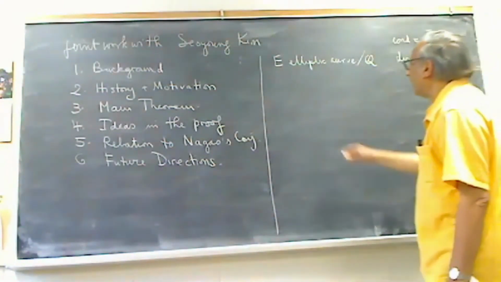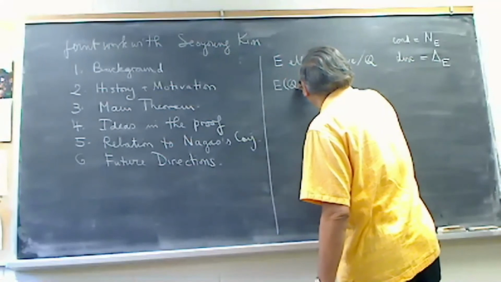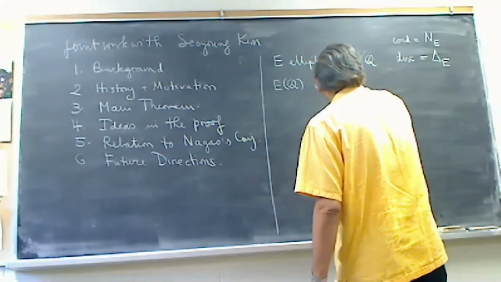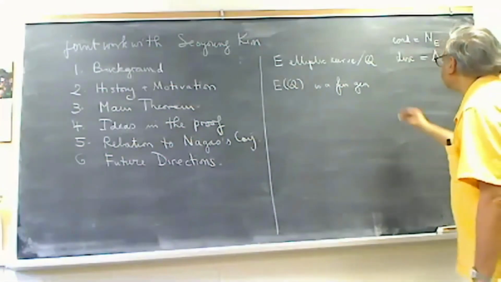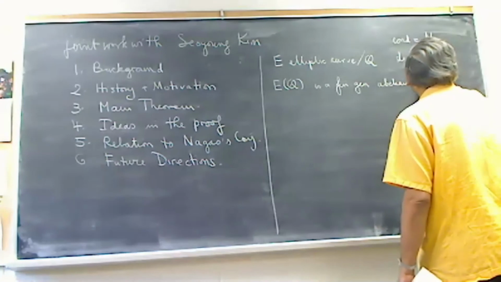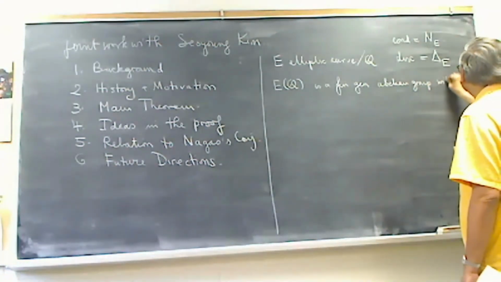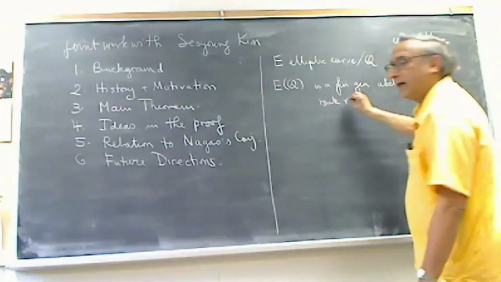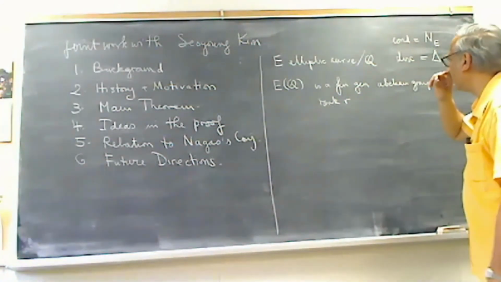And as all of you know, the classical theorem of Mordell-Weil tells you that this is a finitely generated abelian group with a certain rank R. I'm trying not to hide what I'm writing; I hope people can see.